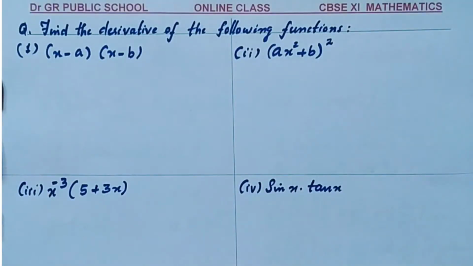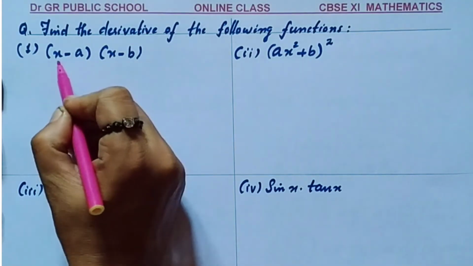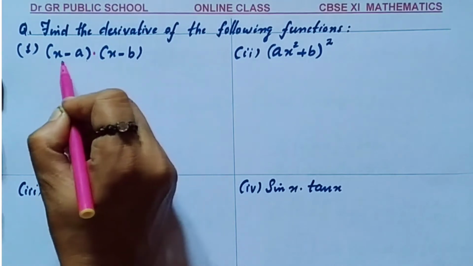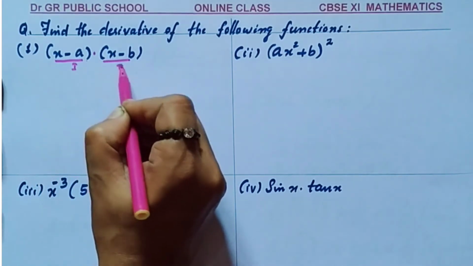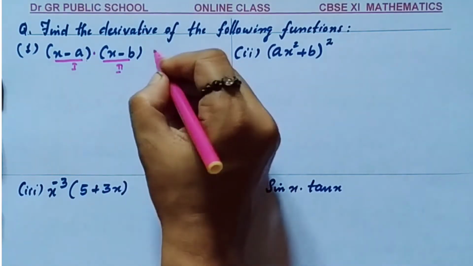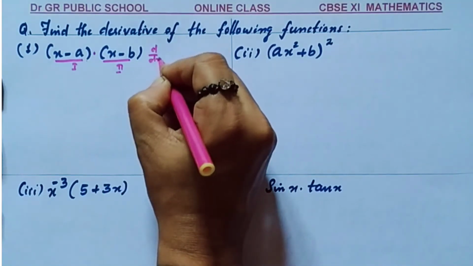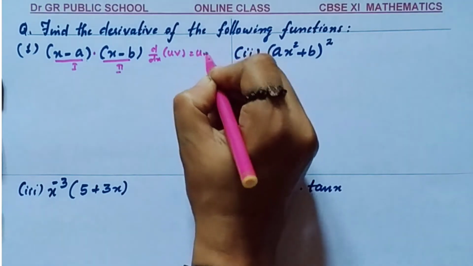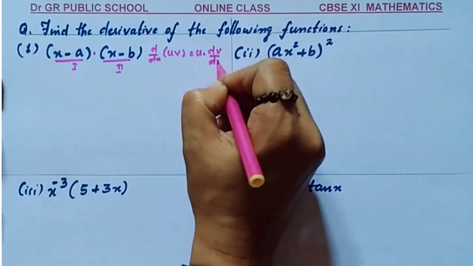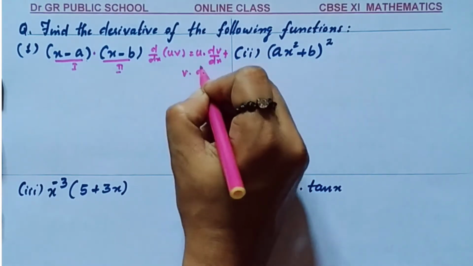Find the derivative of the following function. Apply the basic rules, whatever is known to you. This can be thought of as x minus a into x minus b, the first function into the second function. What is the formula to find the derivative of the product of two functions? It equals the first function u into the derivative of the second, plus the second function v into the derivative of the first.